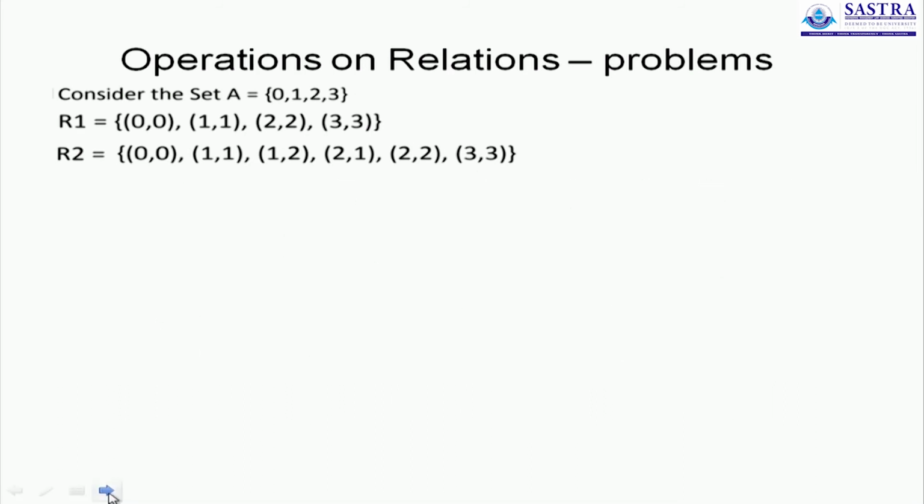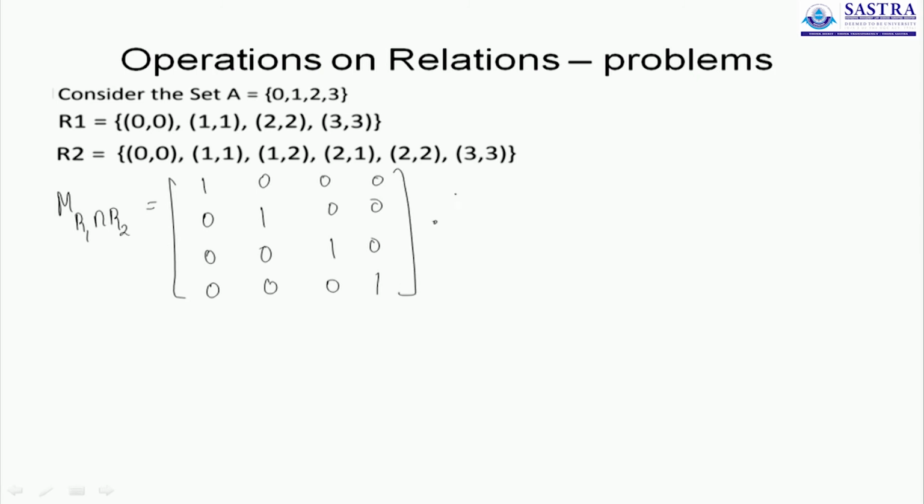Now for the same pair, if we have to do the intersection, we'll just have to multiply the two matrices, 1 1 1 1, 0 everywhere, dot matrix multiplication, you know what that is. One, one, one, one, one, one.